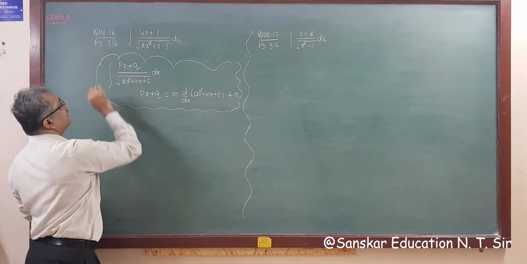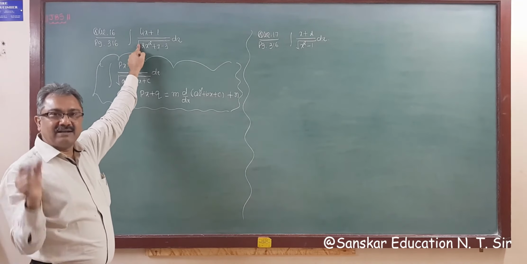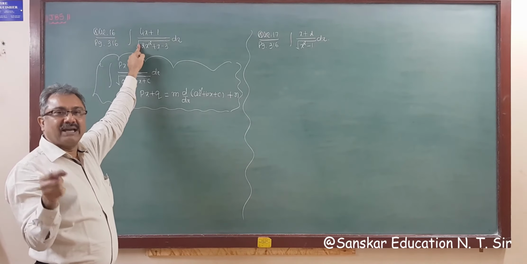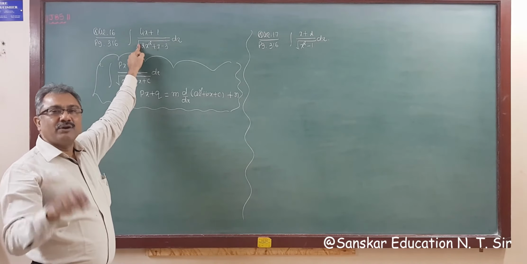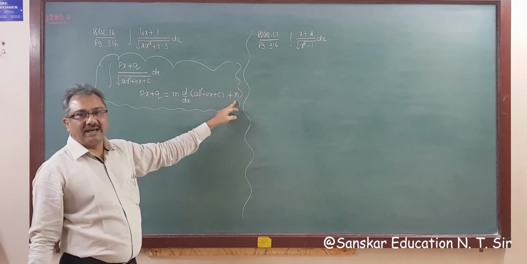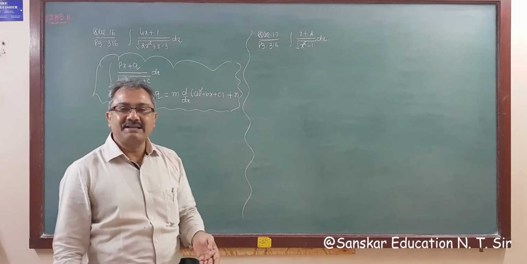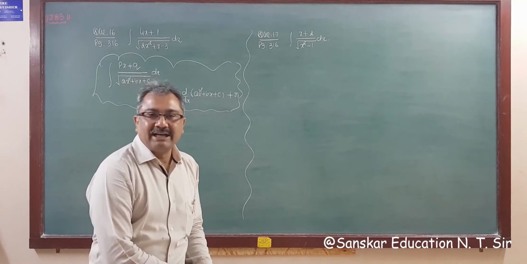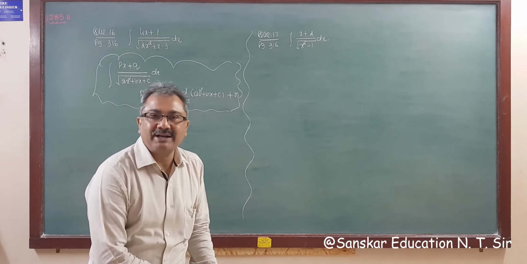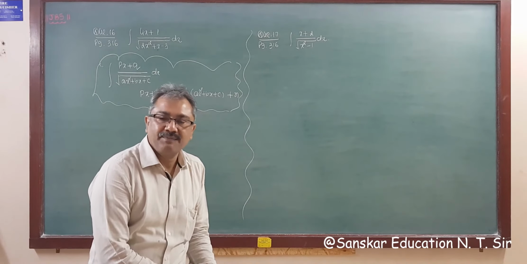While there is a linear form in the numerator and a quadratic form in the denominator, at that time you have to find the constants m and n. And also, as I discussed and explained in an earlier lecture, how to write it directly, right?